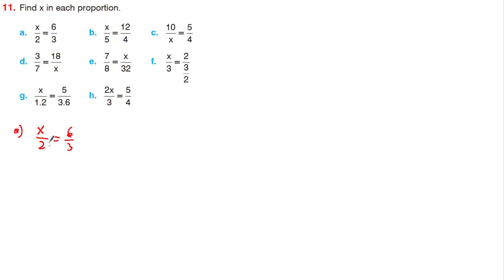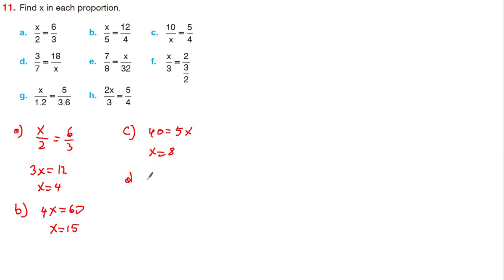In this case, it will be easier to cross multiply. So you get 3x is 12, x is 4. Great. Under B, cross multiply, 4x is 60. Divide by 4, x is 15. Under C, cross multiply, 40 is 5x, x is 8.